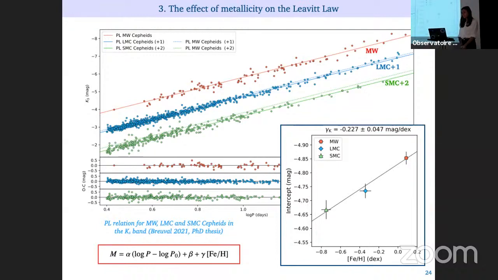And some of them may be very metal poor or metal rich. So having these distances to these galaxies, we should try to include them into this analysis to add more points to this plot. We have only 3, but yes, of course, this is the next step of this paper.